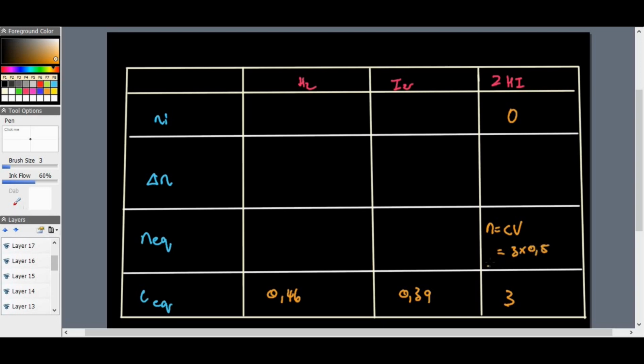So that means, therefore, the amount of moles is 1.5 moles. And that should also be 1.5 moles there too.